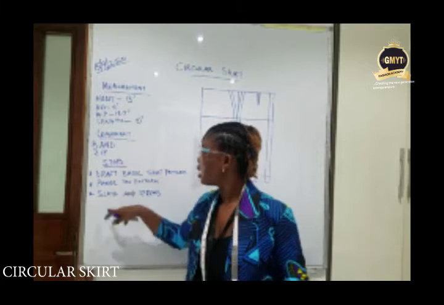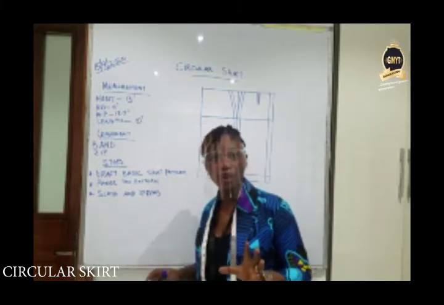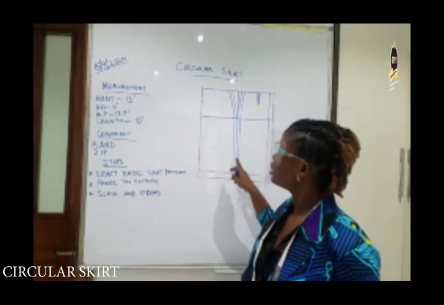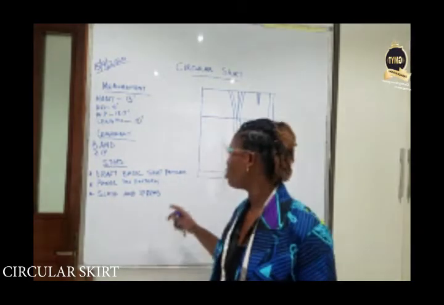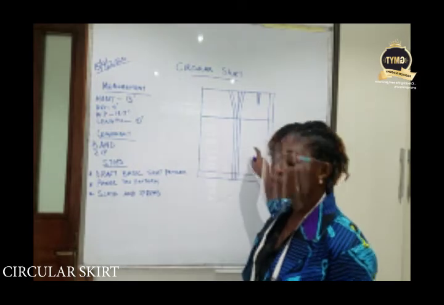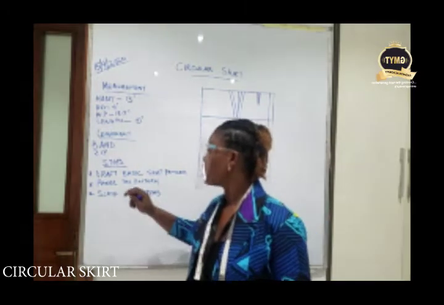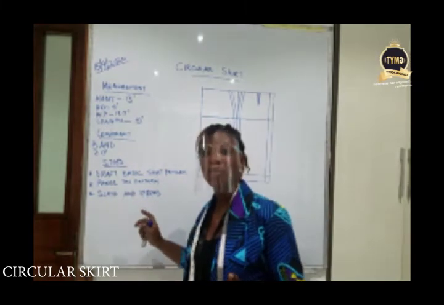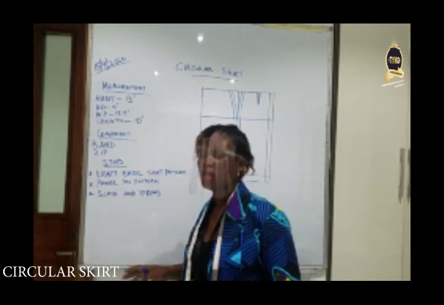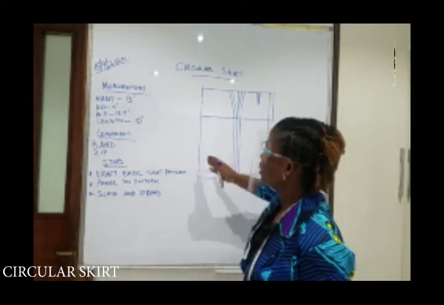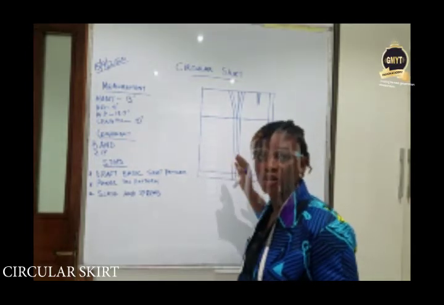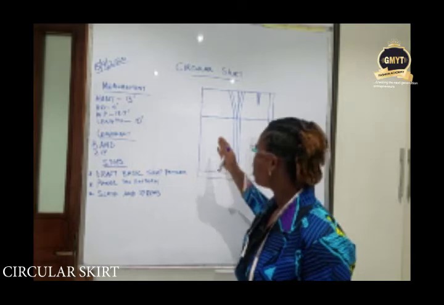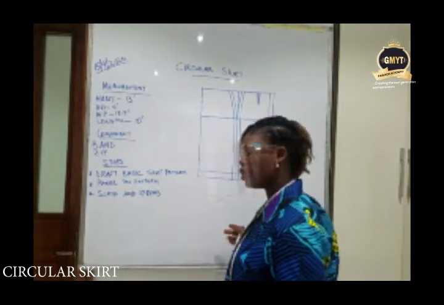These are the steps you need to follow in constructing your circular skirt. The first step is you draft your basic skirt pattern, which I have done on the board. Then the next one is to panel the pattern into sections. You can panel your pattern into 3, 4, 5, or 6, it depends on how you want to panel it.